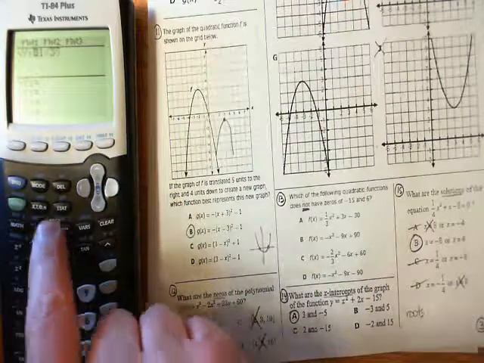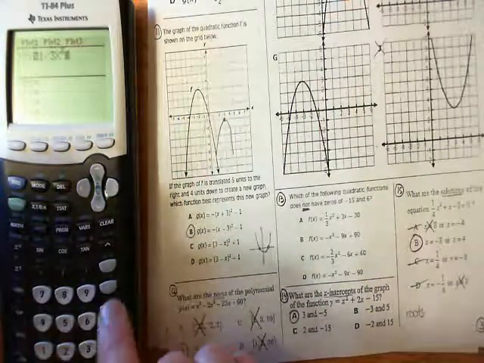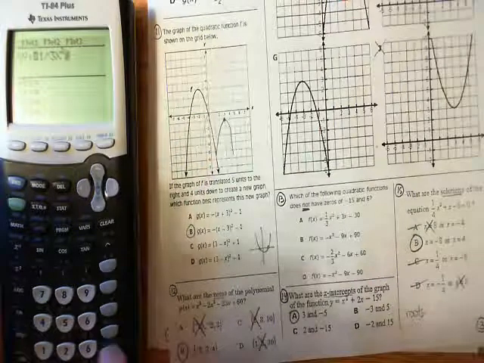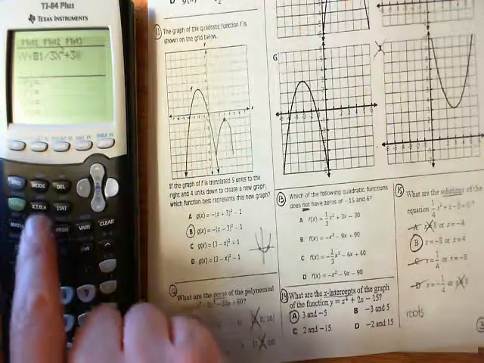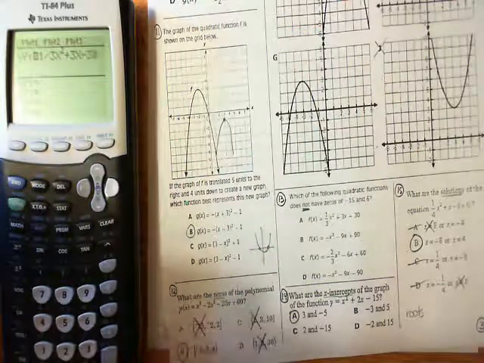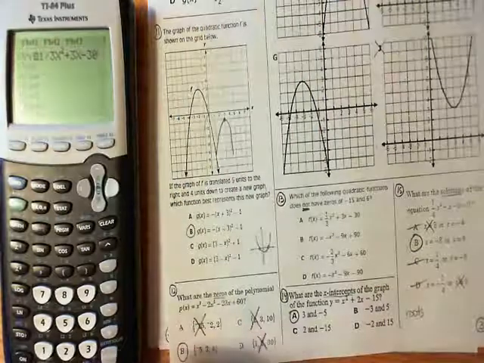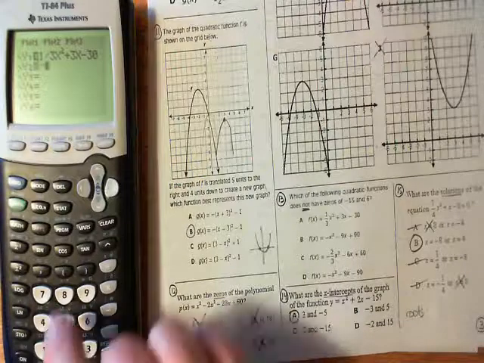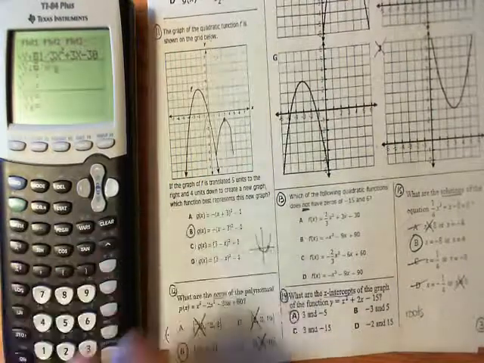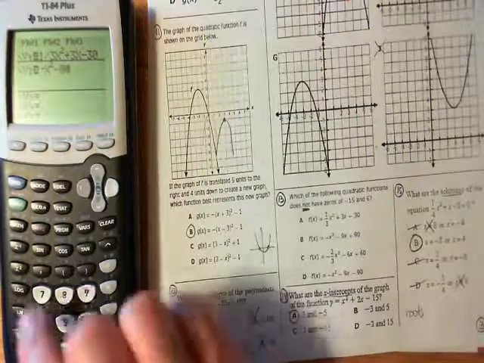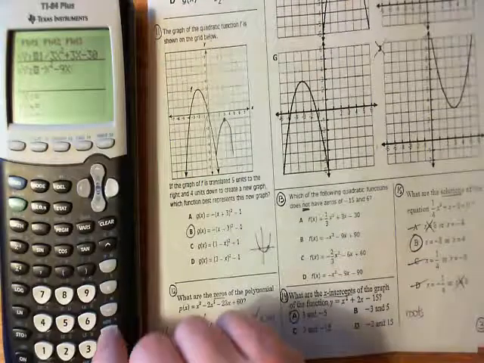1 divided by 3 x squared plus 3x minus 30, right? And let's try negative x squared minus 9x plus 90.